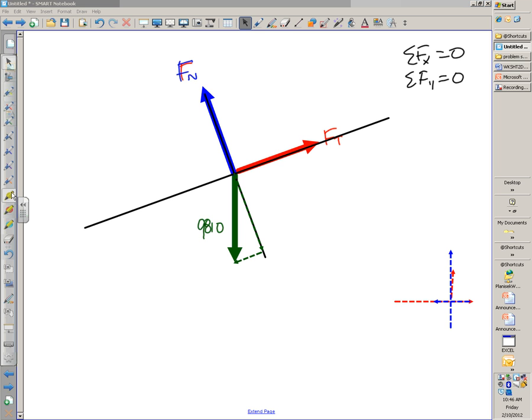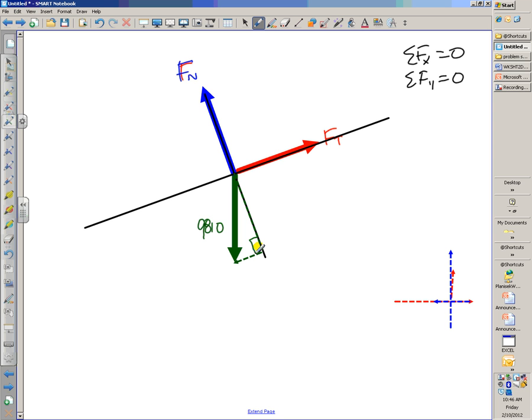If we look at this angle right there, that's the angle that sits between the horizontal component and the vertical component of our gravitational force. If the horizontal component is along the x-axis and the vertical component is along the y-axis, that means that there has to be a right angle right there. And that makes this a right triangle, which it should be.